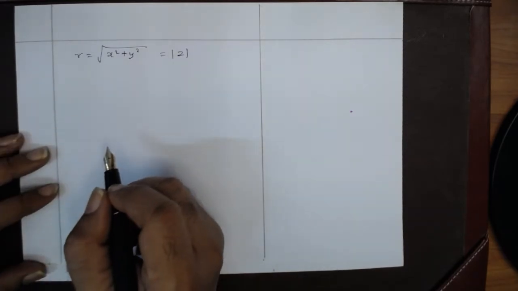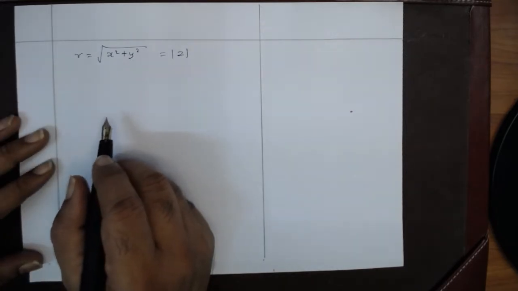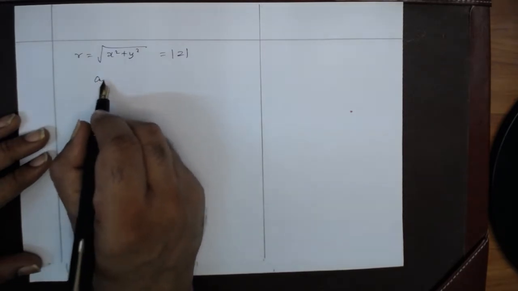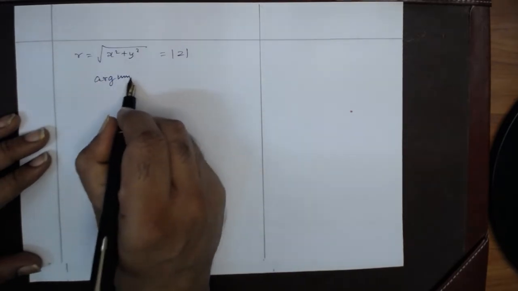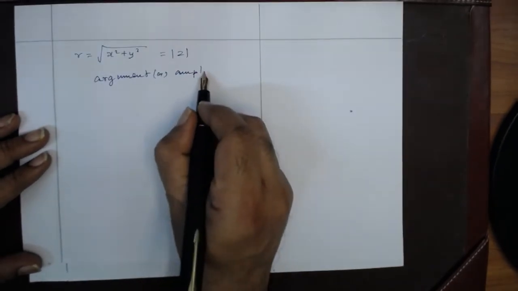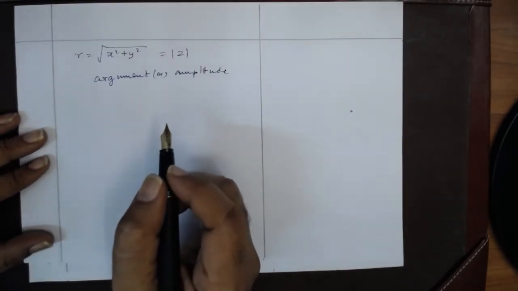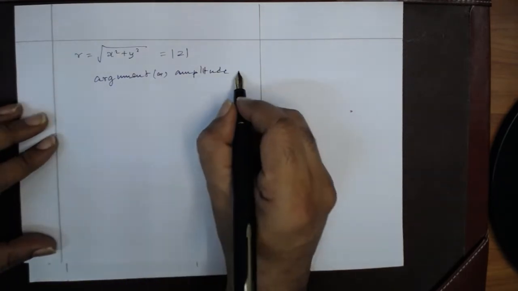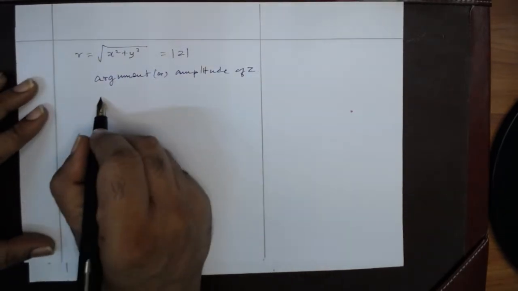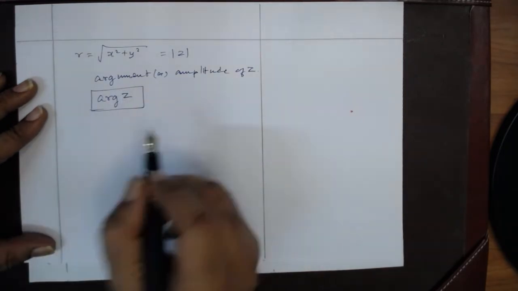And this is called the modulus of z, and theta is called the argument or amplitude of z. So this is generally represented as arg z.